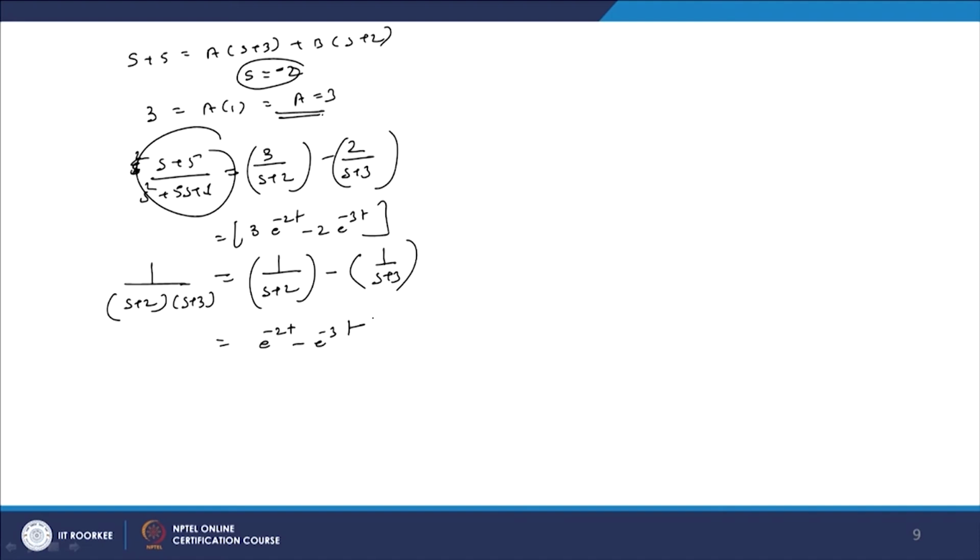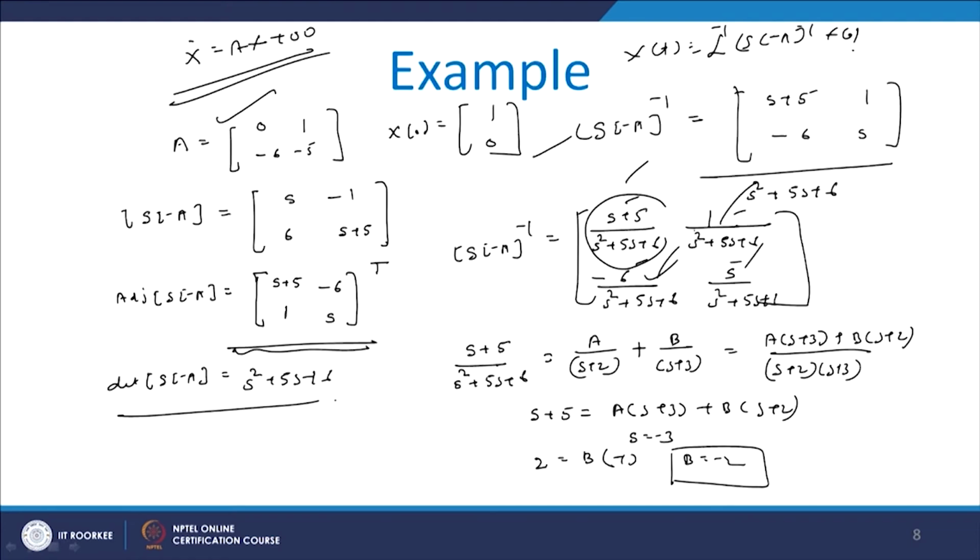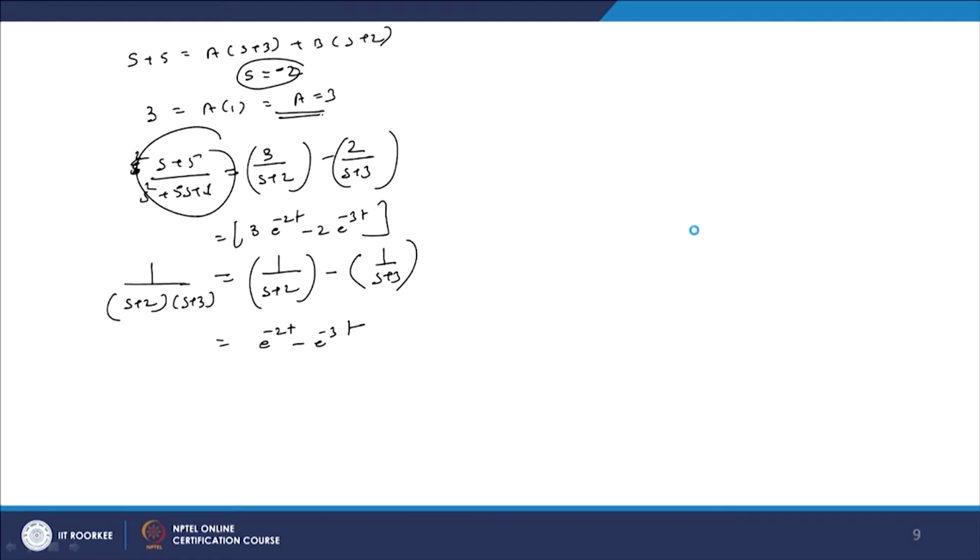Similarly, for this part we can write down minus 6 divided by s plus 2, s plus 3, as minus 6 by s plus 2 plus 6 by s plus 3.